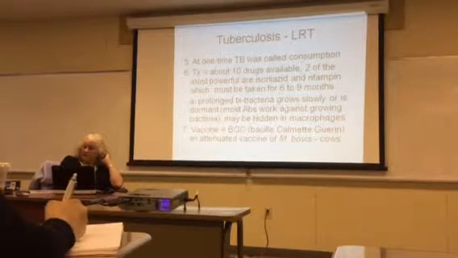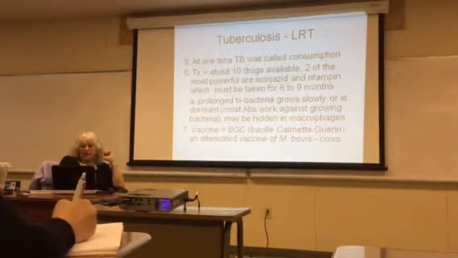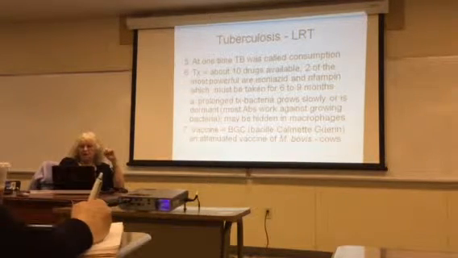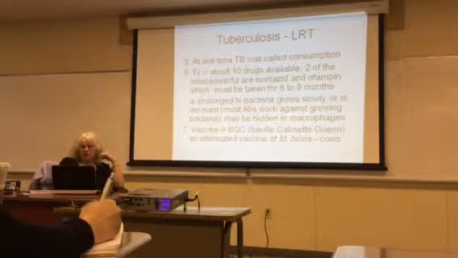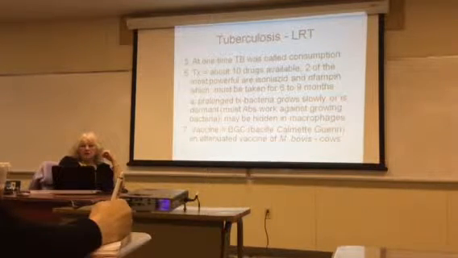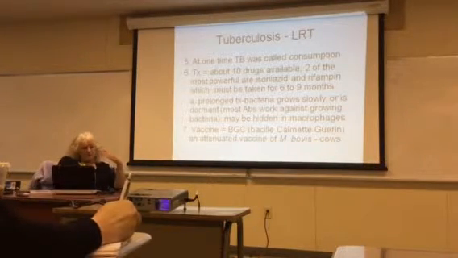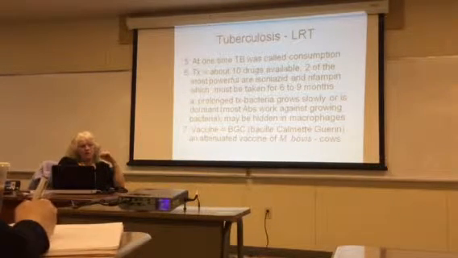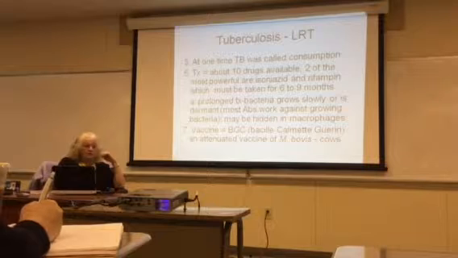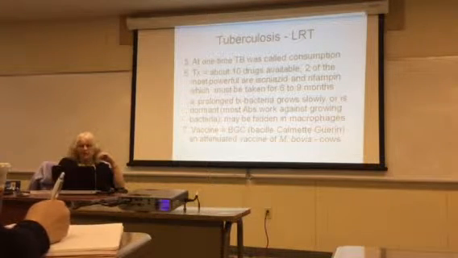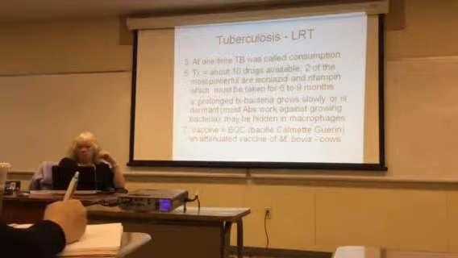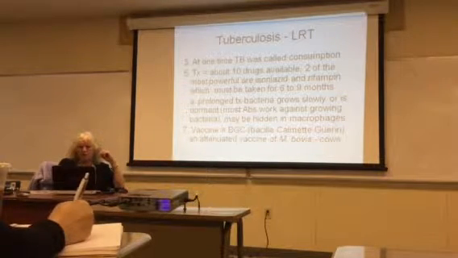There's about 10 drugs available, and these drugs, though, must be taken for a long period of time, between 6 and 9 months. We have to have a prolonged treatment like that because the bacteria grows slowly, or it's dormant. So most antibiotics don't work against the non-growing bacteria.